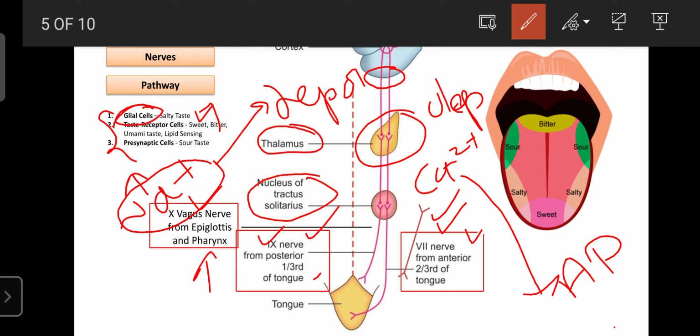That action potential generated by the glial cell is encoded and has the message regarding the salty taste. That message is carried by the facial nerve as well as the ninth cranial nerve, the glossopharyngeal, towards the nucleus tractus solitarius, which is present in the pons and medulla.